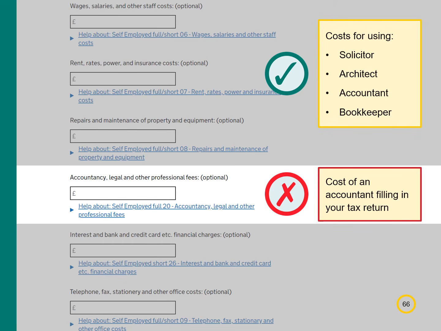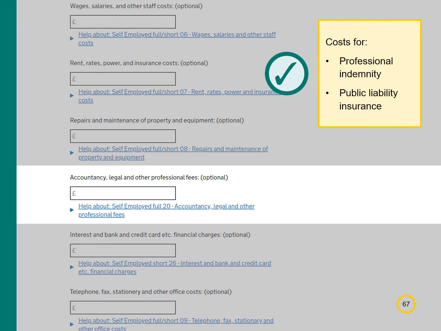The cost of using a professional, such as a solicitor, architect, or an accountant or bookkeeper to keep your records, is an allowable expense and can be entered here. However, the cost of an accountant completing your self-assessment tax return is not an allowable expense.